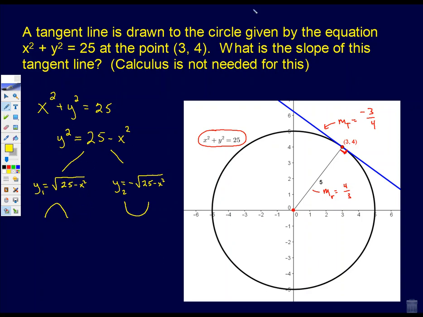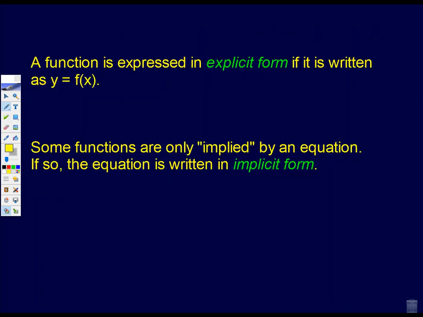But this demonstrates what we call implicit form and explicit form. So I'm going to move to the next slide here and just introduce those two terms. In the equation of the circle, in the standard form, it was written x squared plus y squared equals 25. Now that equation is not a function, but it actually implies two functions.